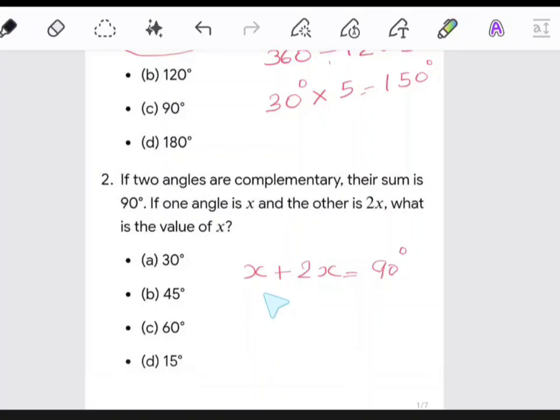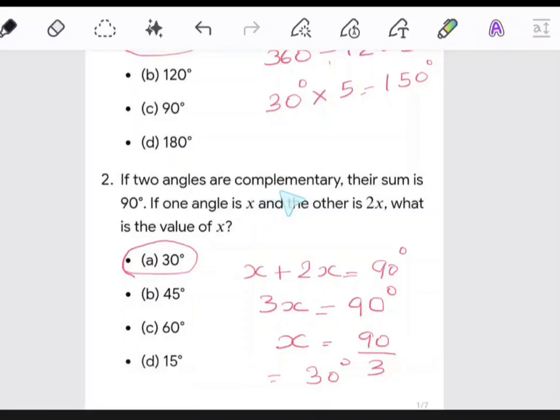We have to find x. x plus 2x is 3x, and 3x is 90 degrees. So x is 90 divided by 3. The answer is 30 degrees. So the value of x is 30 degrees.